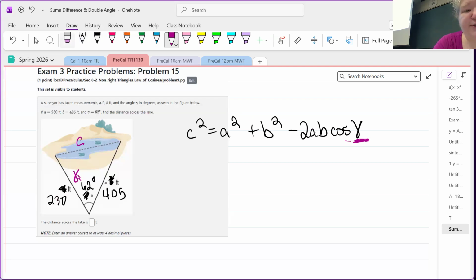So the other 2 sides are a and b, and it doesn't matter which one you call a and which one you call b. I usually just go a on the left and b on the right, but if you swap it, the formula still works the same.